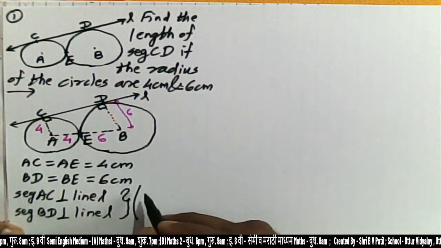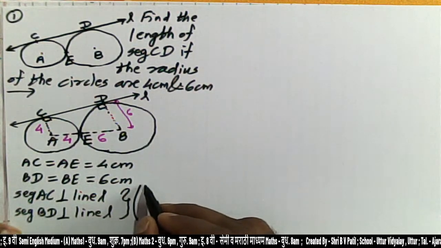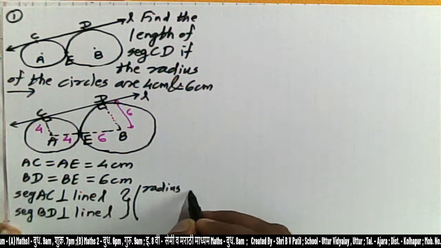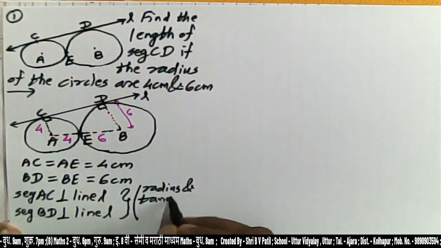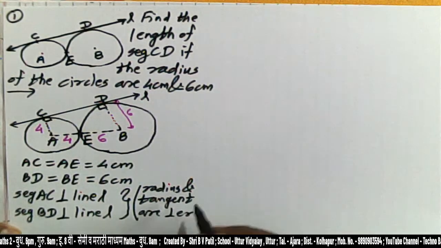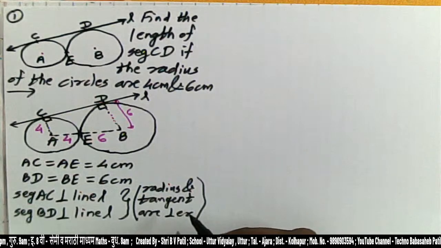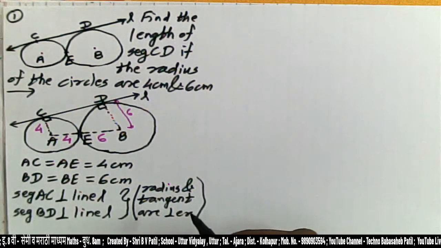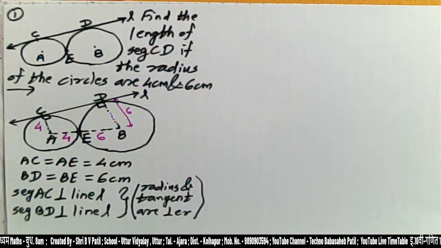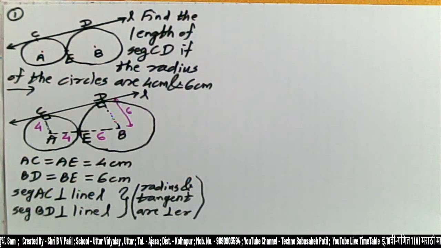And here we write radius and tangent are perpendicular.